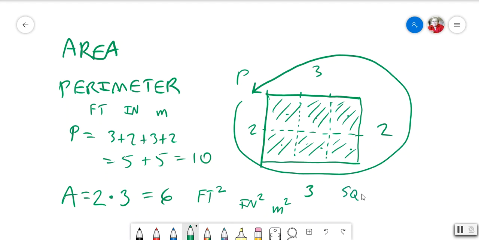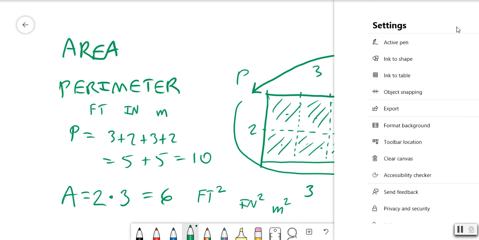We say square foot. We abbreviate it FT to the second power. So you don't read it foot squared, you read it square foot. So IN to the second power is square inch, M to the second power is square meter, and so forth.